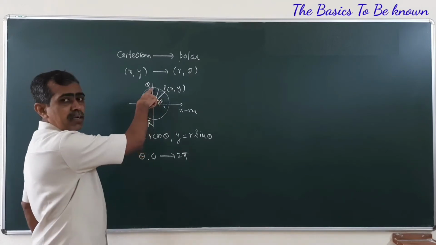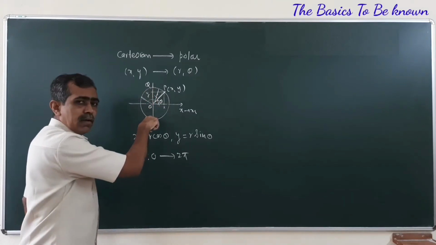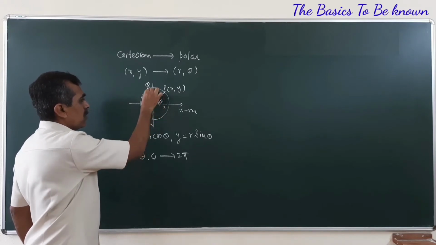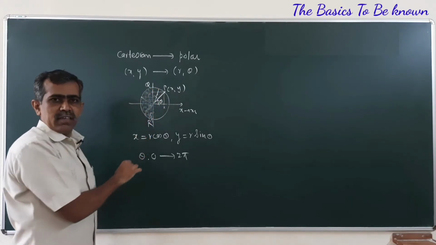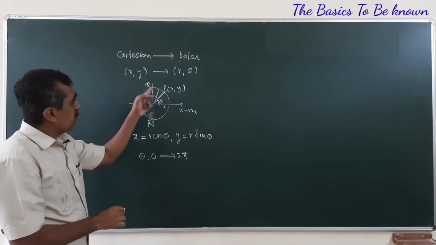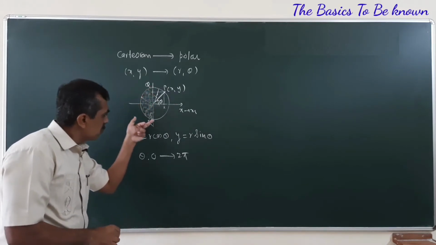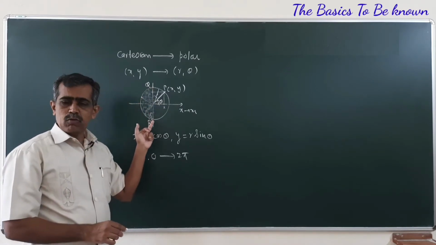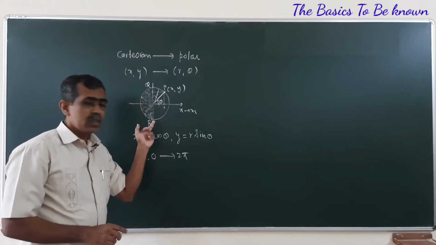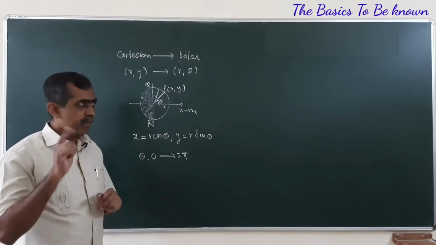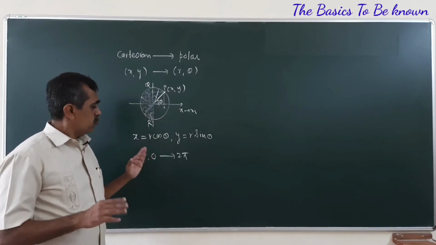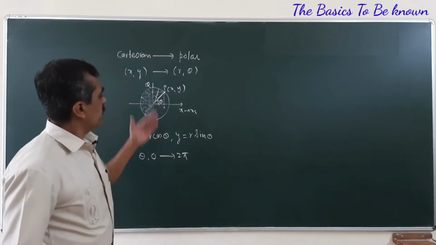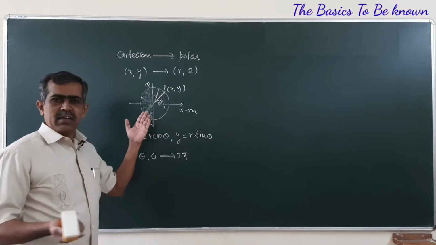If the domain of integration is this region, then theta will run from pi by 2 to 3 pi by 2, since here is pi by 2, here pi, and here 3 pi by 2. This is how you can find the limits for theta. It is easy to find the limits of theta.